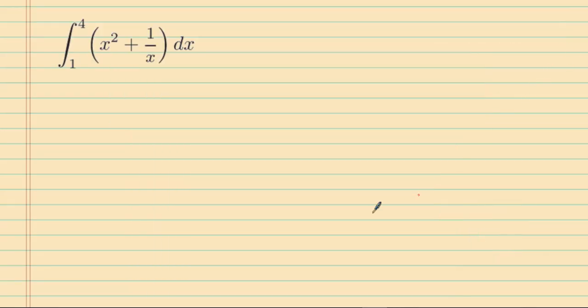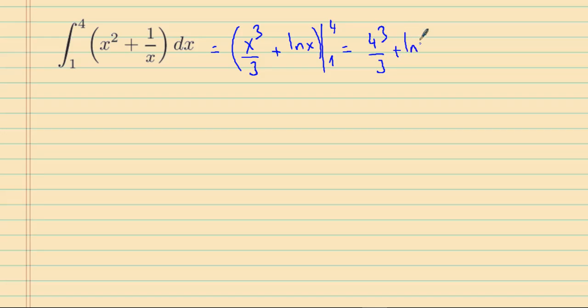Let's see it in practice, it's not that difficult. First, we need to calculate the integration, then we put the boundaries. So the first integration: x to the power 3 plus ln x between 1 and 4. Then we put first 4, it will be 4 to the power 3 by 3 plus ln 4, then according to the formula minus, we put 1, 1 cubed by 3 plus ln 1.